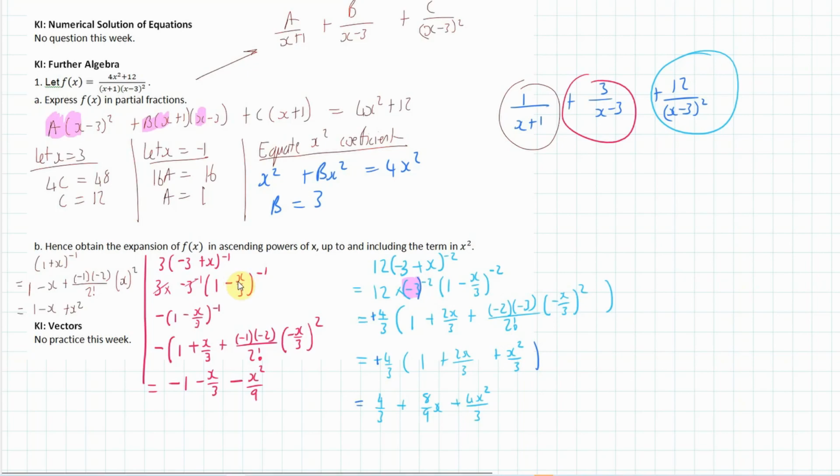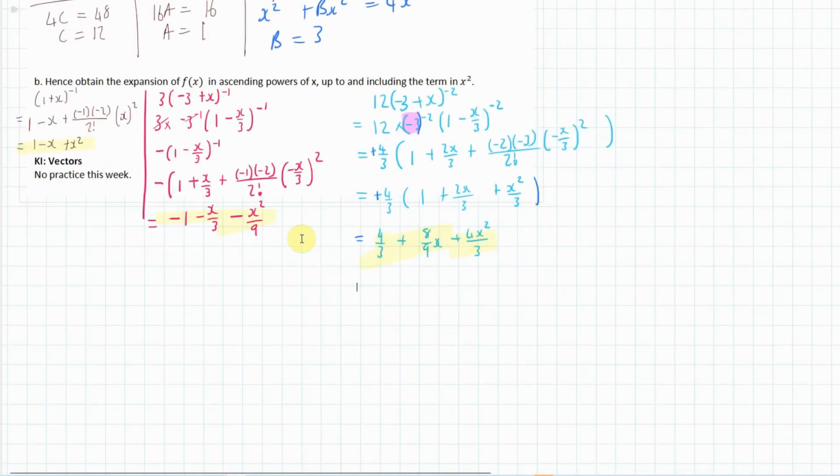And now all we need to do is add all of these terms together. So it's a bit of a dog, this question, isn't it really? 1 minus 1, so okay, so we get 4 thirds for our non-x term. Now looking at our x terms, if we turn them all into ninths, we've got negative 3/9, negative 9/9, so negative 12/9.